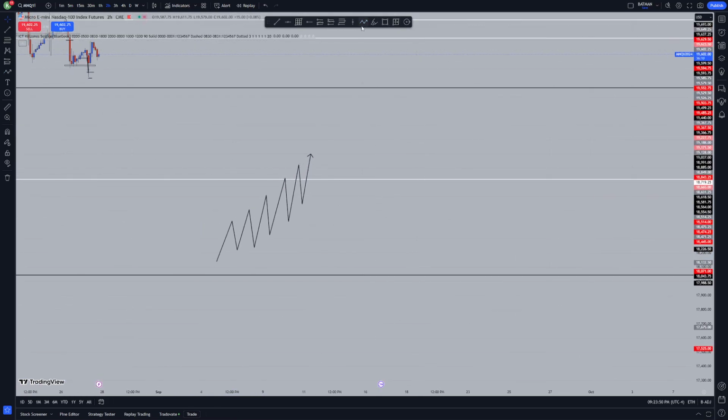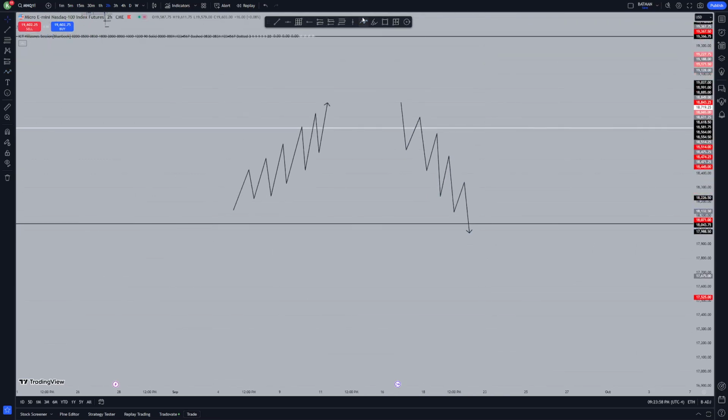Call it bullish sentiment. This is a bearish sentiment. And we got consolidation right here, where it just stays the same, doesn't break any level, or doesn't go up or anything.